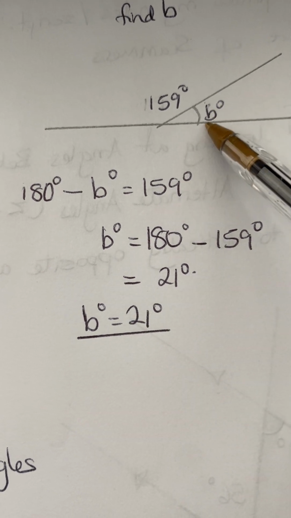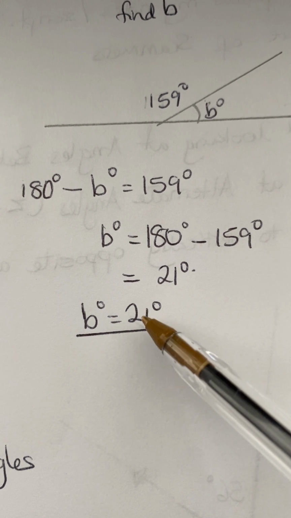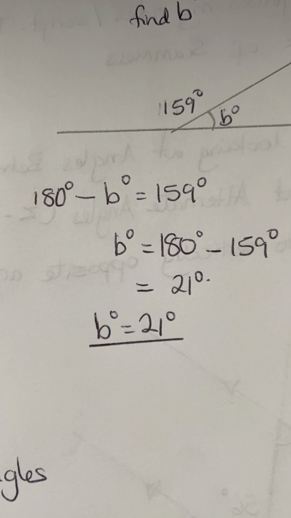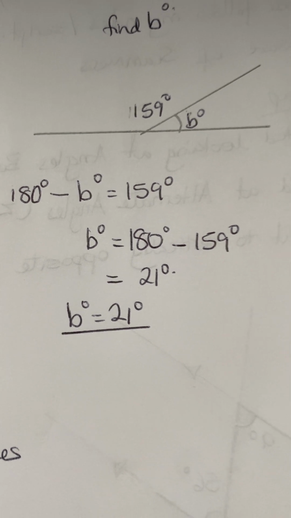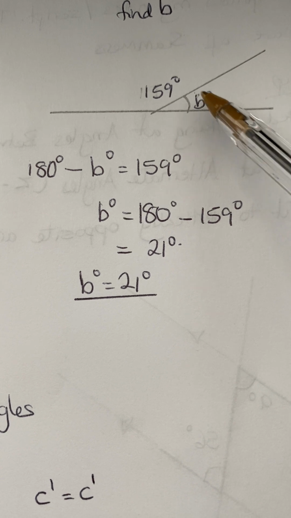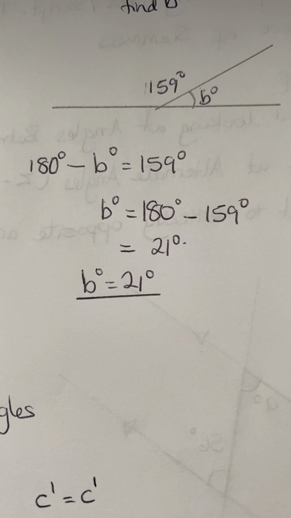So B here is 21 degrees. If you add 21 degrees to 159, you should get 180. So basically on a straight line, your angle should be 180.